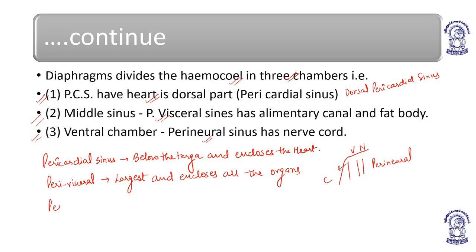And then the ventral or perineural, which is above the sterna, encloses the nerve cord. So this is pericardial, perivisceral, perineural.